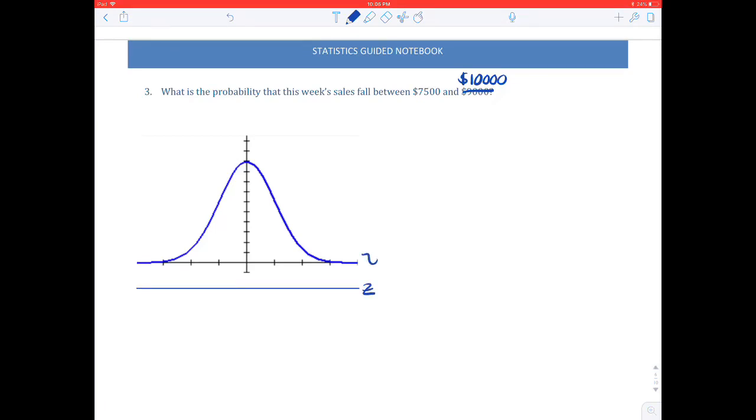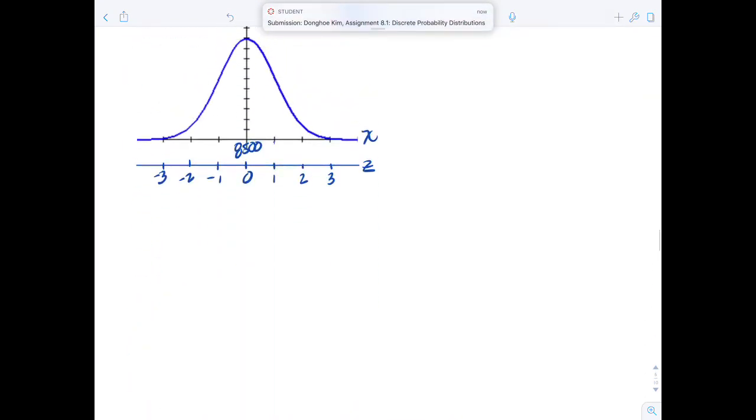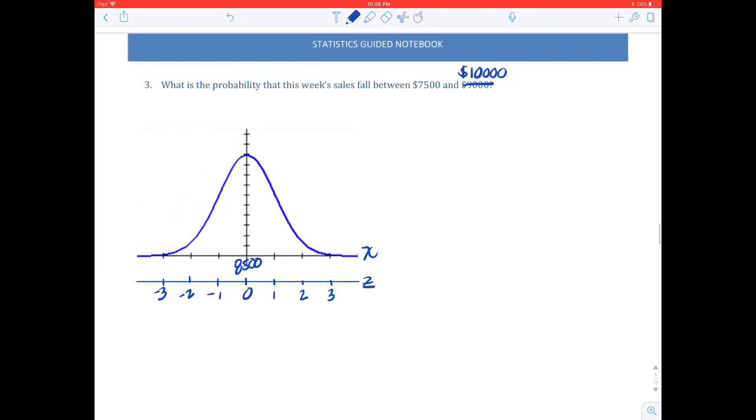So this is our z and this is our x, and again, 8,500 is the mean, and so that's 0 standard deviations away from the mean. And these go above the mean, standard deviations above, standard deviations below. Okay?